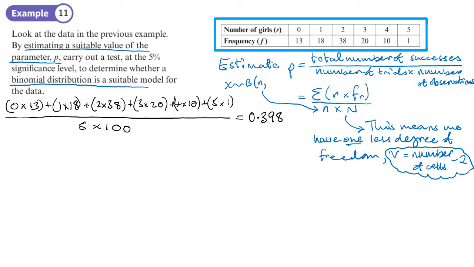So now this question is about seeing whether this data fits this model.